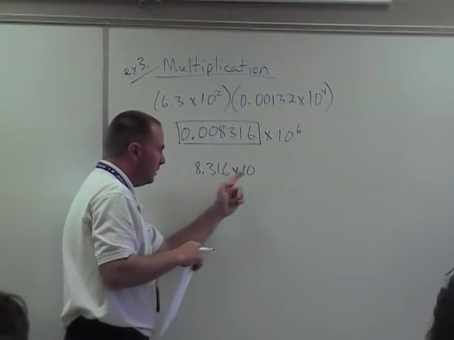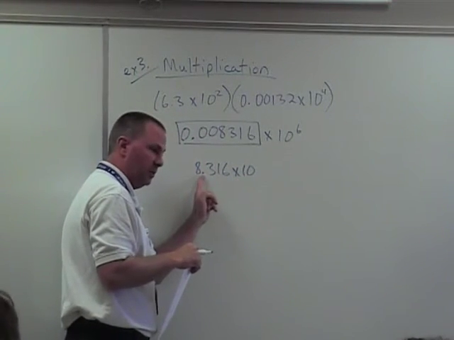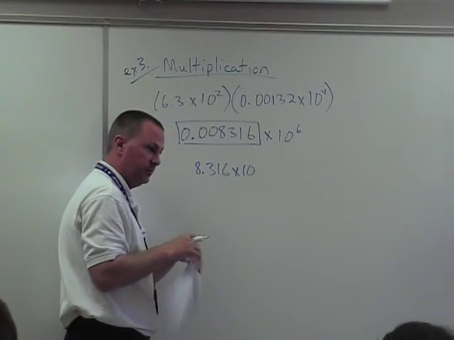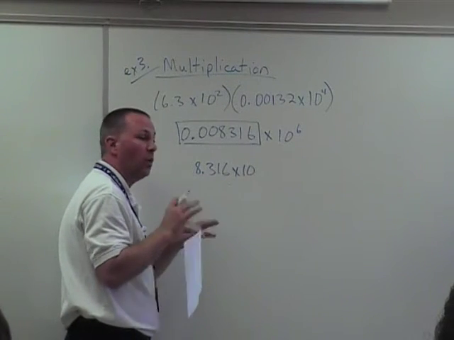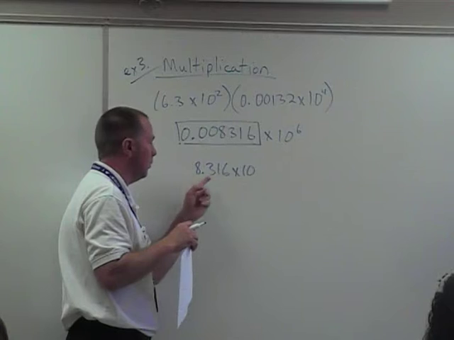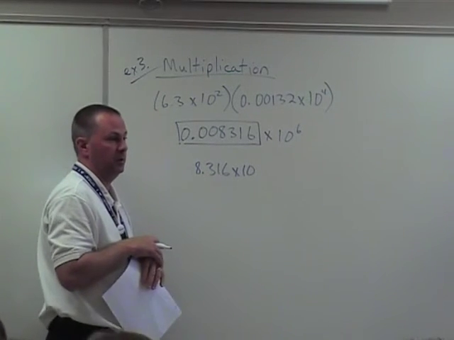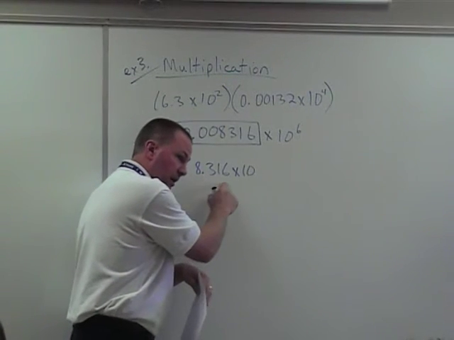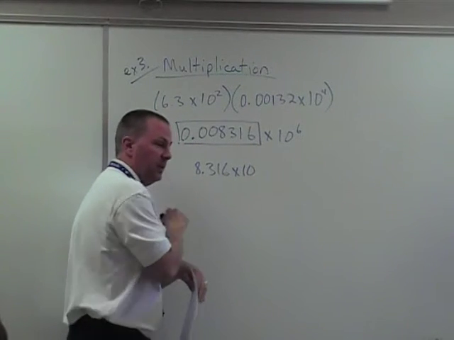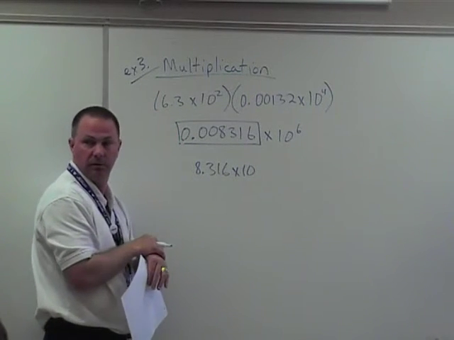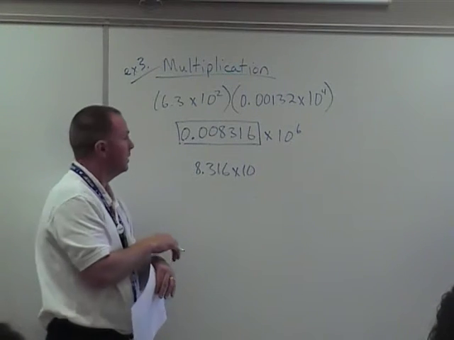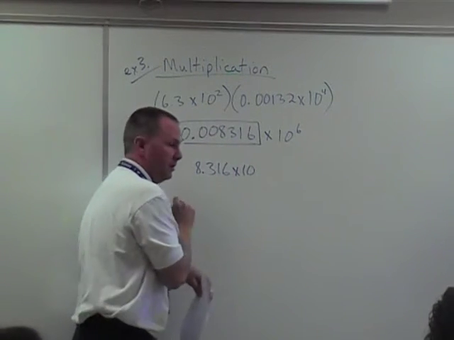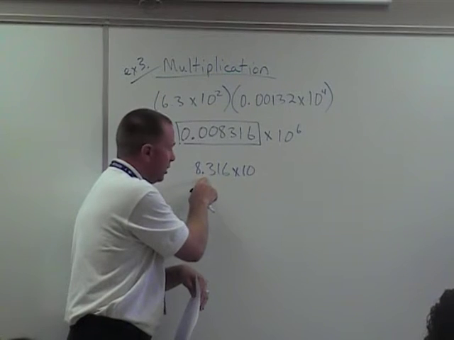Now, this 10 is going to move this decimal. What direction? Where do you want it to be? For these two numbers to be equal, where does that decimal have to go? To the right. How many places? So if the decimal's here, that's where you're saying it needs to be.